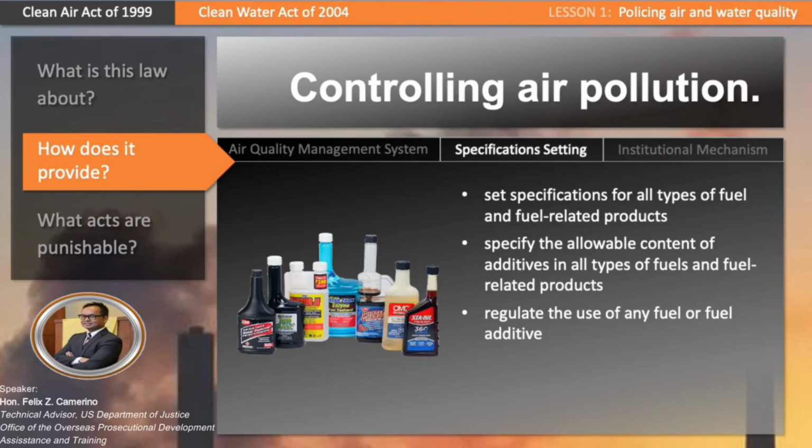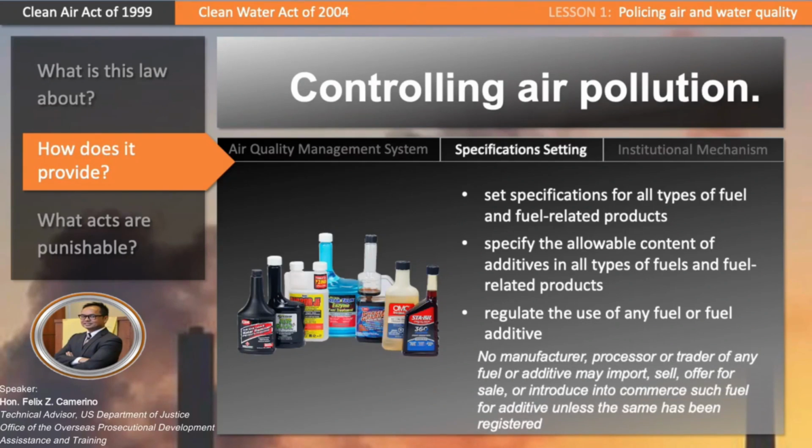So that's what this is really talking about: in order for particular additives and fuels to be introduced into commerce, such fuel or additive has to be registered. Hindi basta-basta, just because it's already complying to the specifications, you could already introduce it into the marketplace. No, it has to be registered.